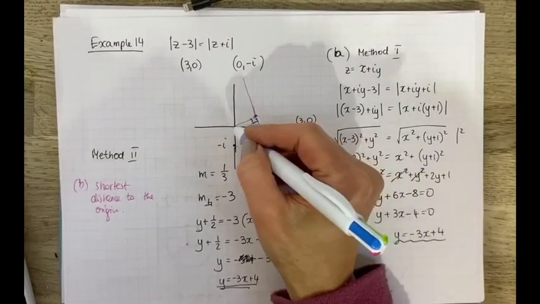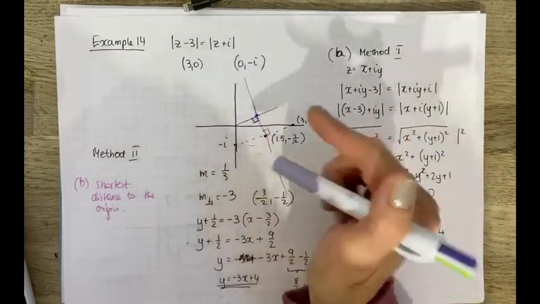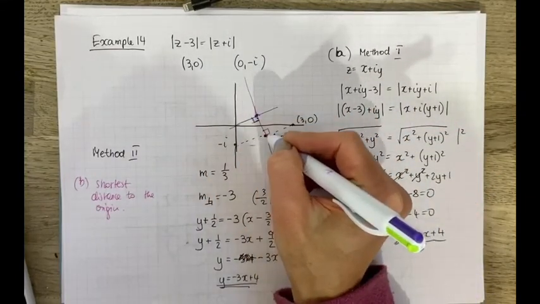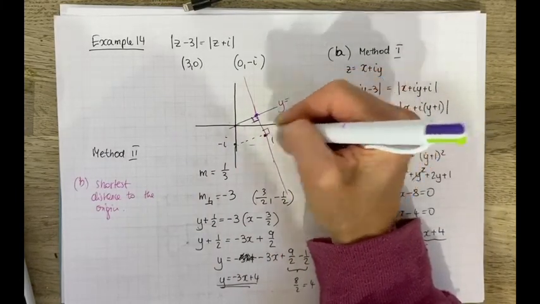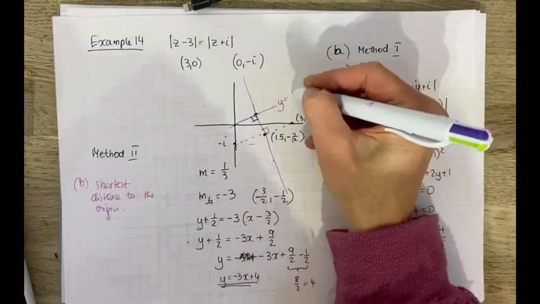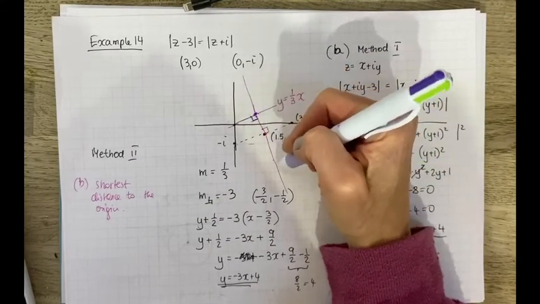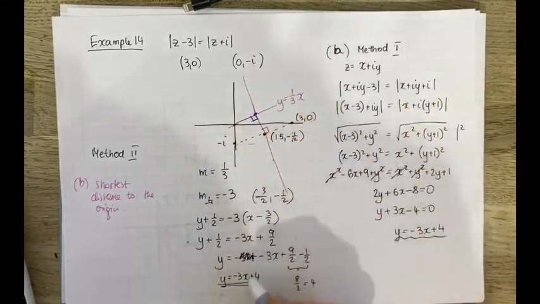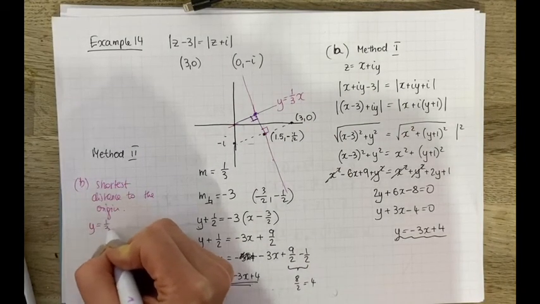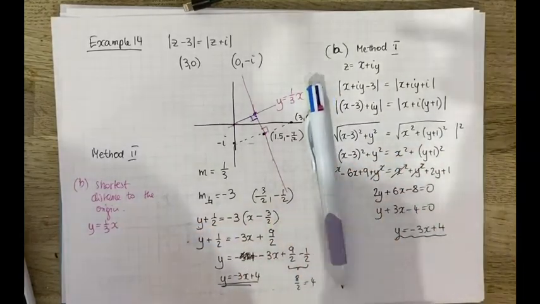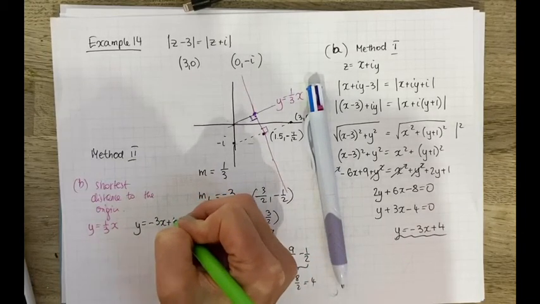Okay, so we are looking for the point of intersection between this line here, which is parallel to that line and goes through the origin, so that line is y equals 1/3 of x, since the gradient of this line was 1/3, and this line here, which is y equals minus 3x plus 4.